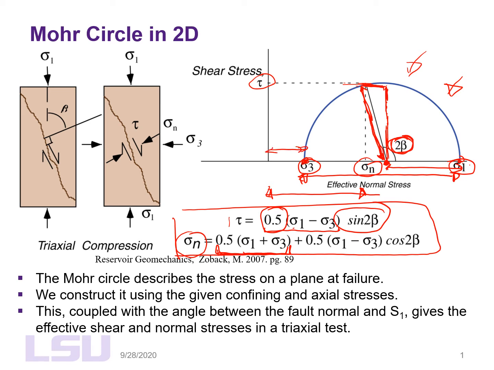And that value is actually related to cosine of 2 beta, and that's what this is going to be. So if you calculate this value, you will see it's always going to be negative. And it basically moves the point from this point to sigma n. And that's how you get the effective normal stress. And this gives you the shear stress on that plane of the fracture.